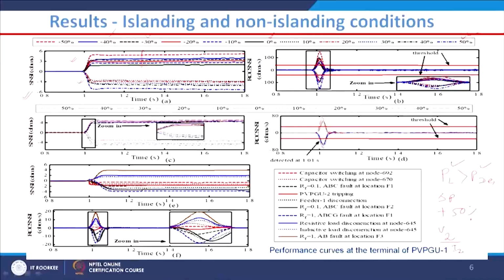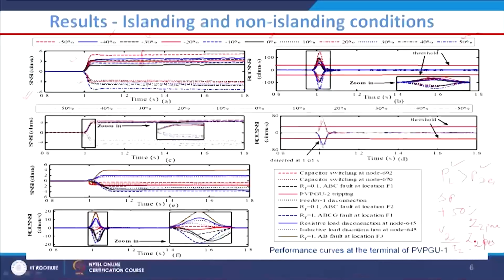So, if the voltage decreases, the Z2 value also decreases. This is my Z2 post and this is my Z2 pre. The Z2 pre remains constant unless we change the system, and the system is as it is.